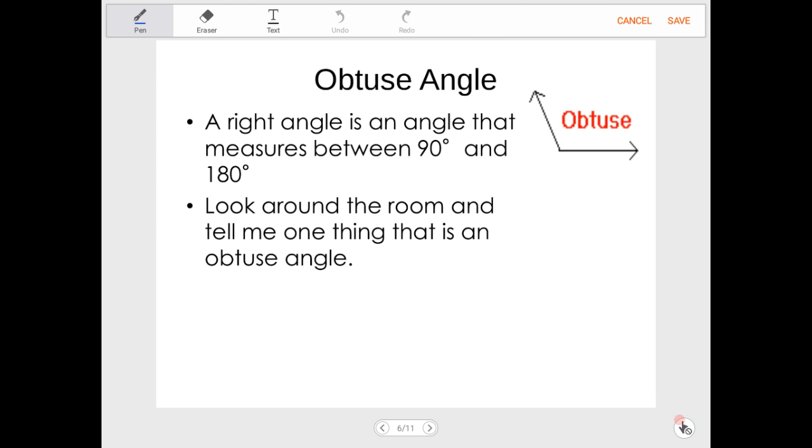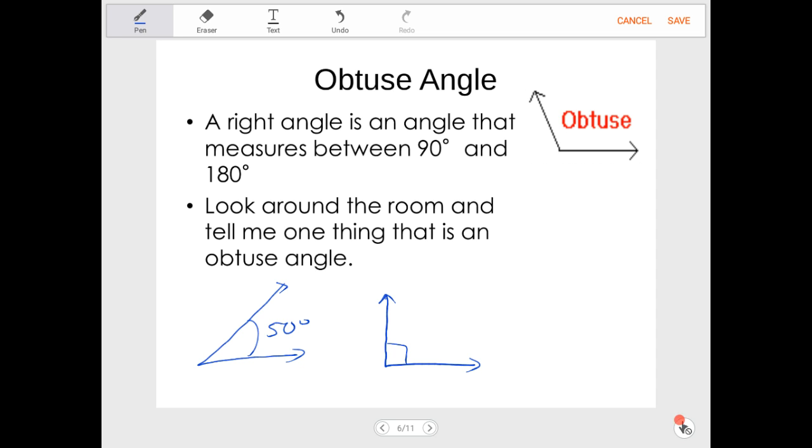Next, we'll move along. An obtuse angle. So this time we've crossed over, and it is an angle that is between 90 and 180 degrees. So if I put this in the middle, here's your right angle. Let's pretend I drew that, that's 90. So an acute would be less than 90, something like 50 degrees.